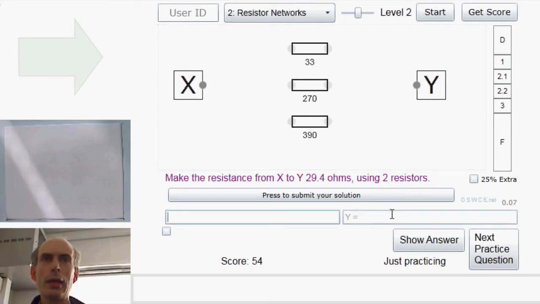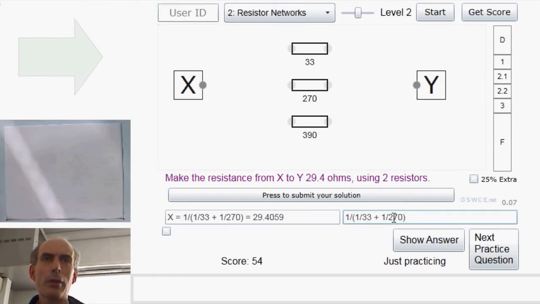Well, this is where the X and Y boxes might be quite useful to do a quick calculation. If I put 33 in parallel with 270, then I would get that answer, which is right. That's good. So my first guess was correct.